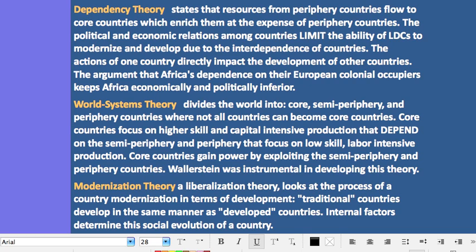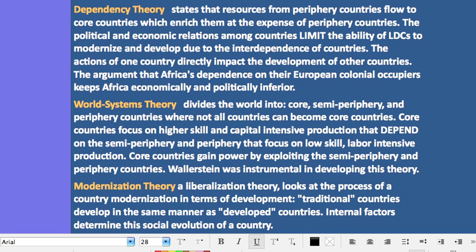Core countries focus on higher skill and capital-intensive production, and these core countries depend on the semi-periphery and periphery that focus on low-skill and labor-intensive production. And just like the dependency theory states, core countries gain more power and influence by exploiting the semi-periphery and peripheral countries.